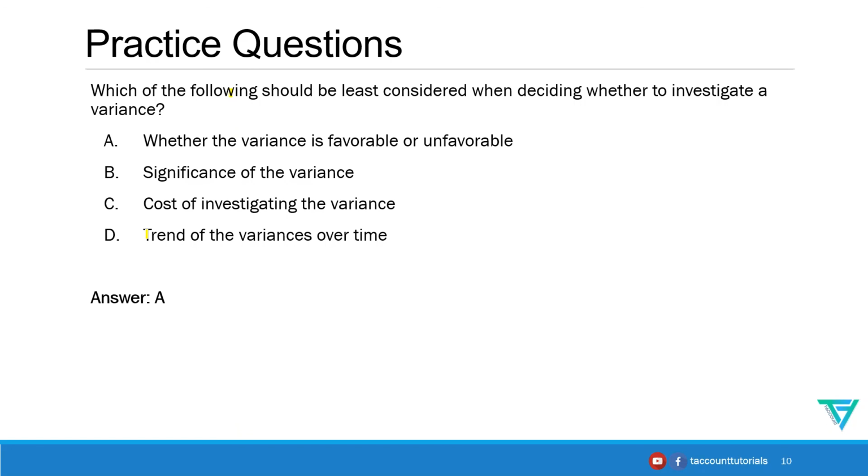Just to give an example, if variances have been unfavorable for quite some time, like for the past 6 months, although they have been insignificant or below the threshold, it may lead to a material or significant total variance at the end of the year. So in that sense, since the last 6 months have already provided unfavorable variances, that might prompt management to conduct an investigation on what has actually been causing that trend. All right.